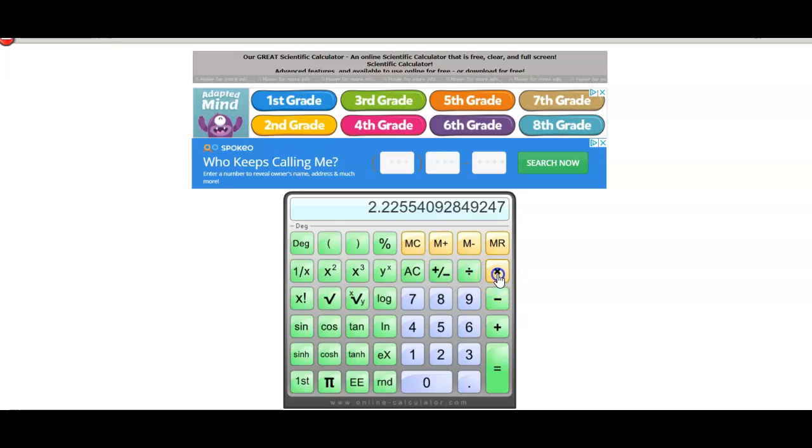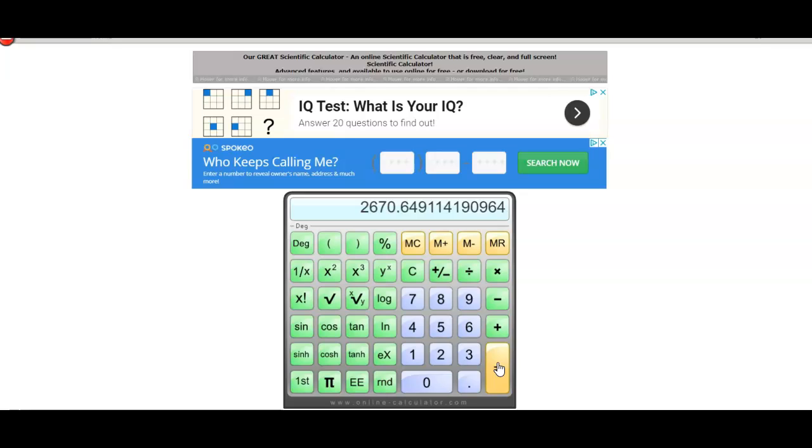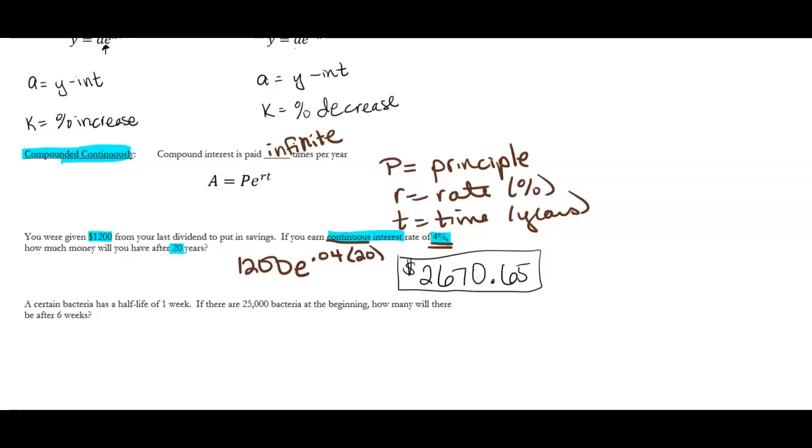And now I times that by 1,200. You might find another graphing calculator that will do it a different way, but if you can't get the right answer, you might have to plug in what's in the exponent first, and then hit E to the X, and then multiply by 1,200.